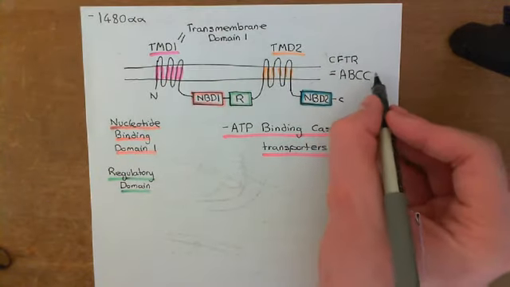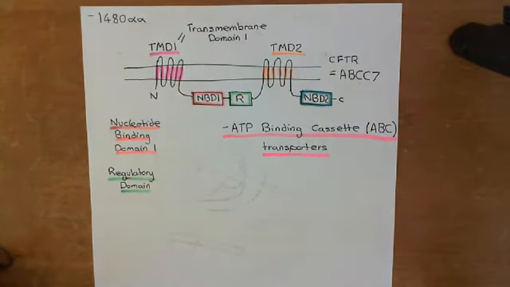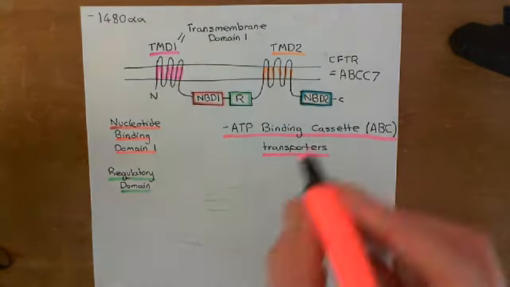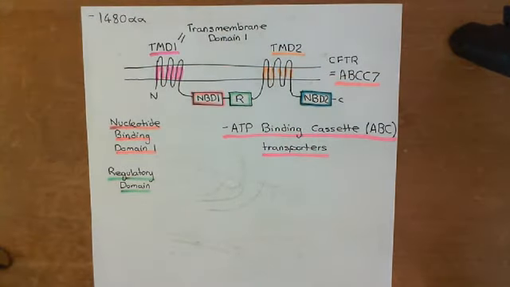It's in family C, and it's family member number 7. So you may well hear CFTR also referred to as ABCC7. Don't let that confuse you. That's just referring to the fact that it is within this family of ATP binding cassette transporters, even though its function is very different.